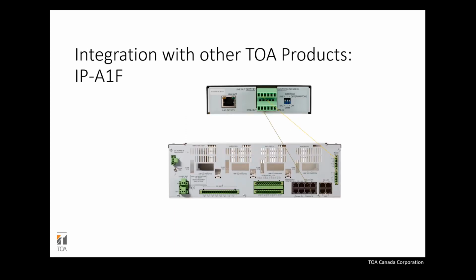Finally, the IPA1AF, the newest IP-based system from TOA. You can feed the control outputs and line level outputs from it and use that to interface with your SIP or VoIP system and then feed that to the PA as well.